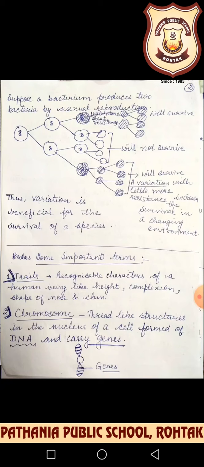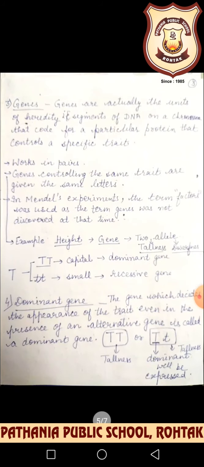Genes are nothing but the hereditary units, the segments of DNA that are present on the chromosome. Genes are actually the units of heredity, the segments of DNA on the chromosome which code for a particular protein.